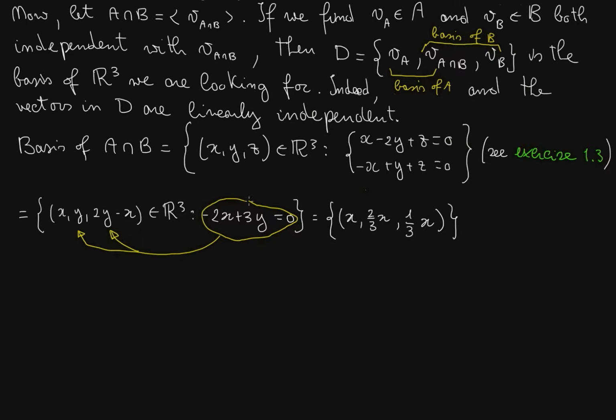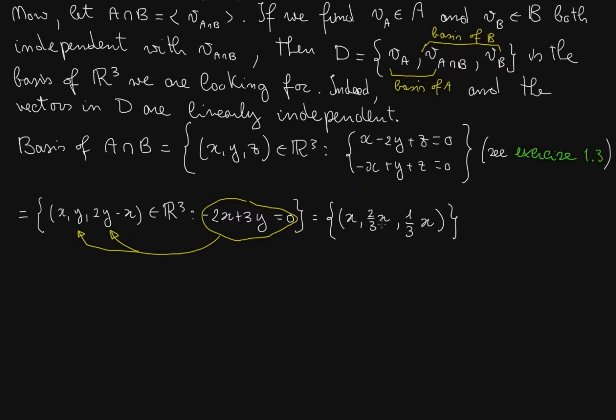So we have this equality, A intersection B is this set. The next step is to implement this equation inside the writing of the generic vector once again. Here we can express y as a function of x. The generic vector will no longer have x and y left free to vary, but x free, and then y depends on x.